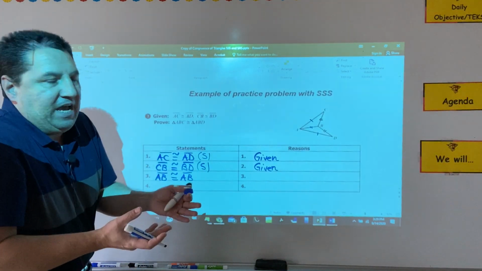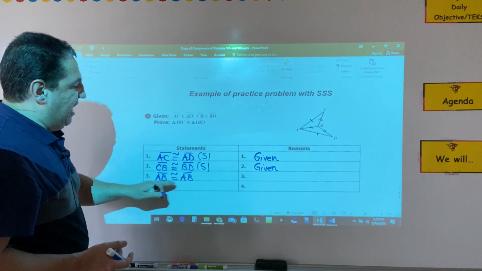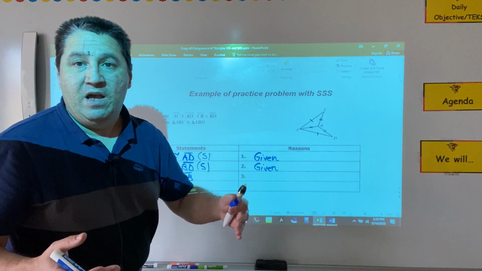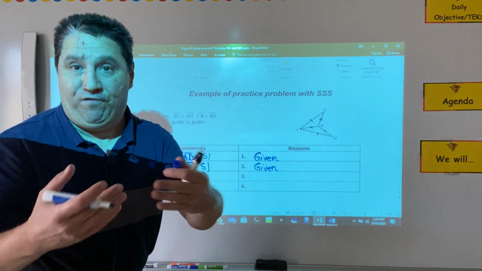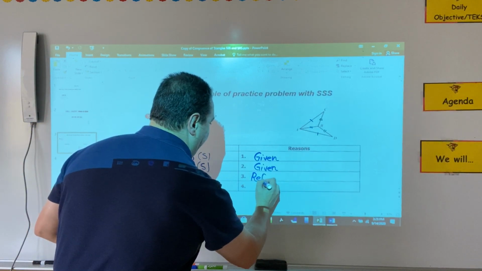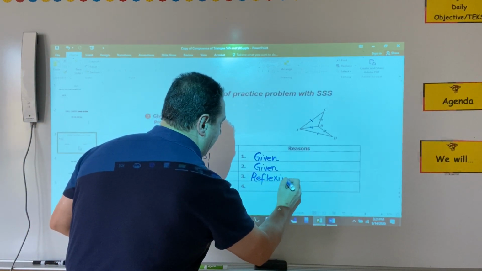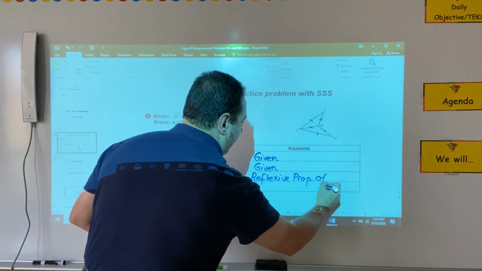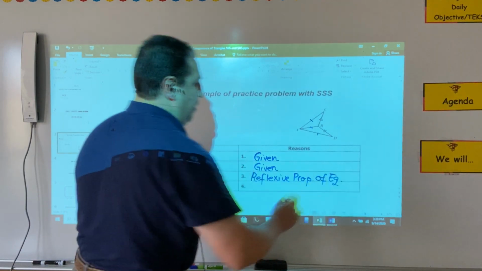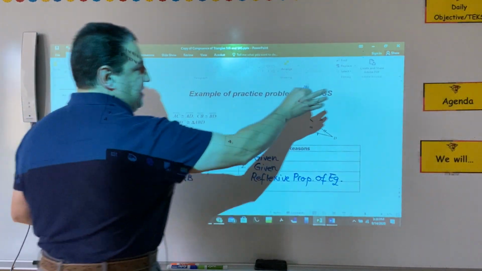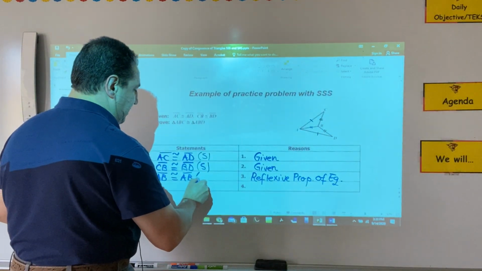Because it's a common side. And this statement is true because of the reflexive property of equality.